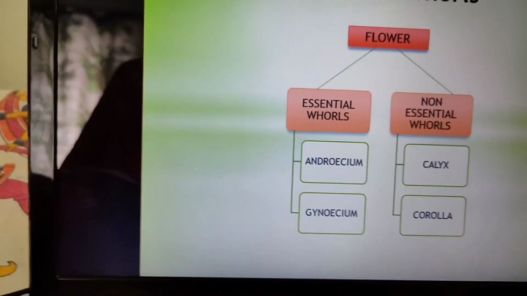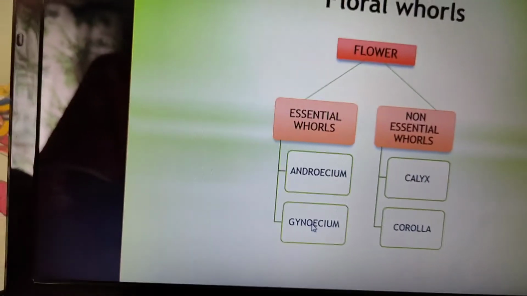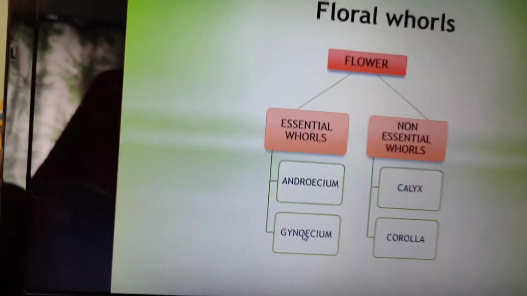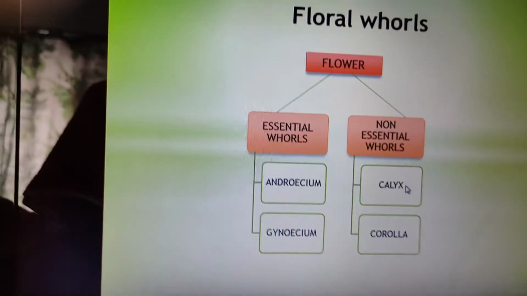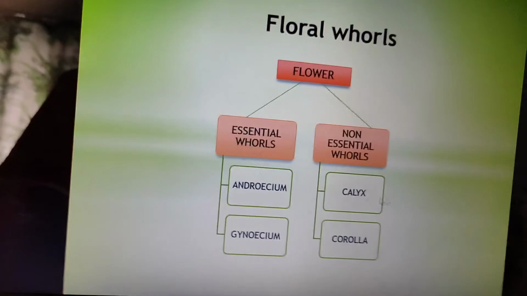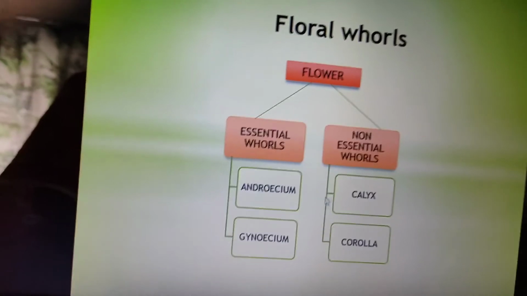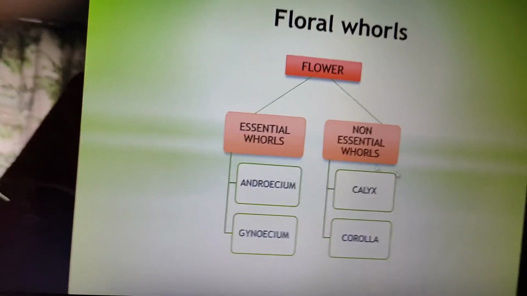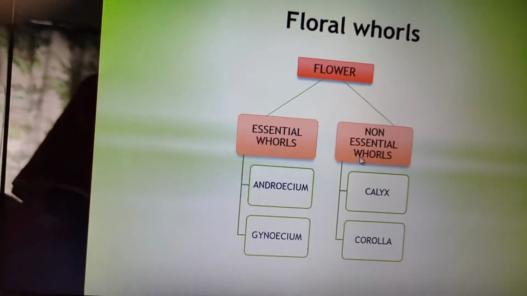Because they take part in reproduction. And why are they known as non-essential whorls? Because they do not take part in reproduction, but they hold the reproductive parts and help in reproduction.